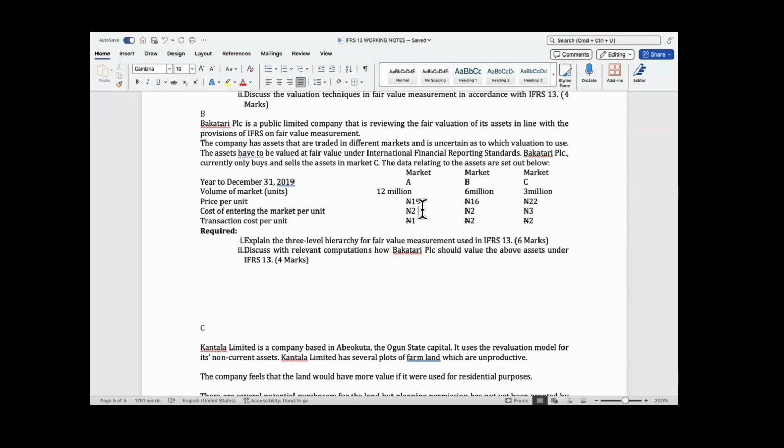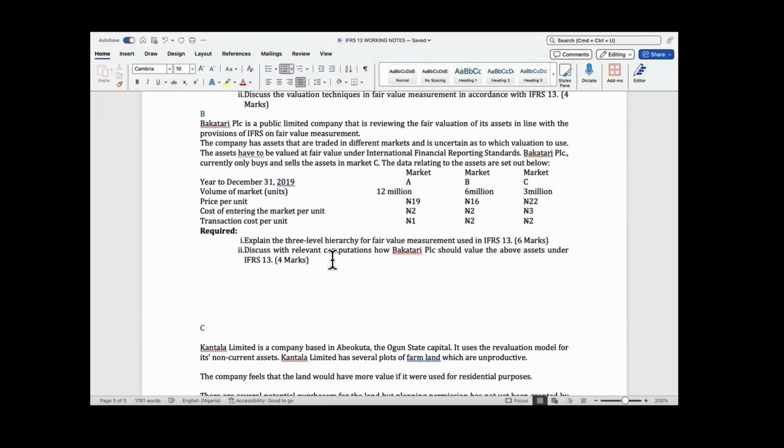Okay. And note that the examiner knows what he's doing. If they had given you market C as the principal market, to determine the fair value, you know that you won't be deducting cost of entering the market again because this company already operates in market C. But we won't even get to that.